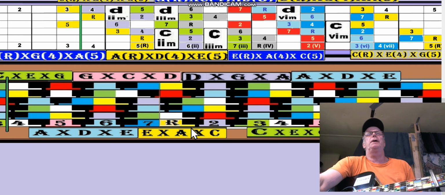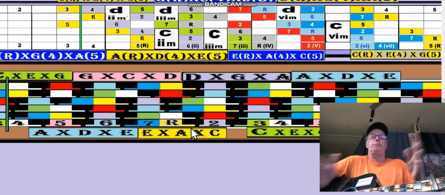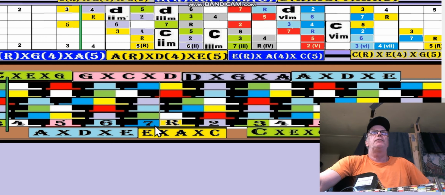Now here's where the accordion opens up again, and you have a long C, but it's a G-shaped C. The red note is the G note. It's the 5th.